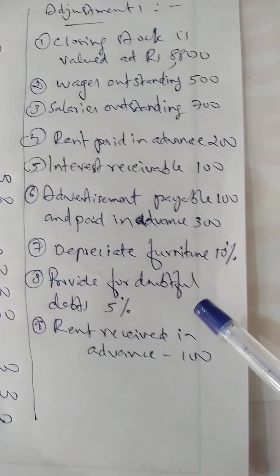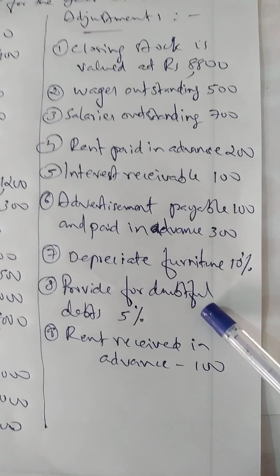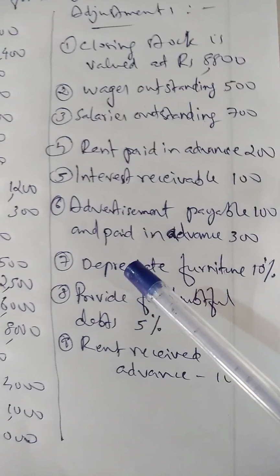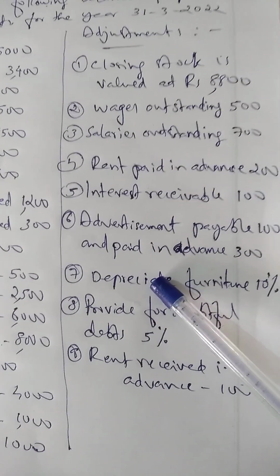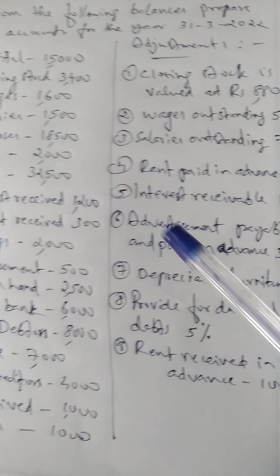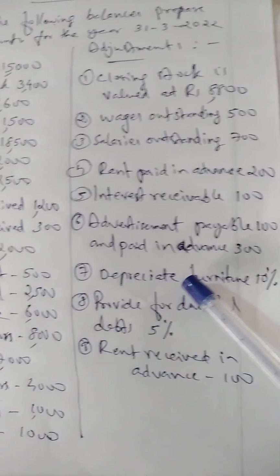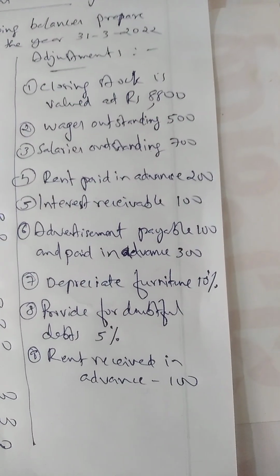And I have to say one more thing, and you must remember that the depreciation is shown on the debit side of the P&L account and deducted from the concerned item.